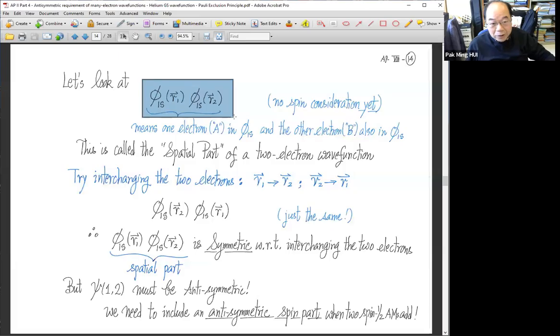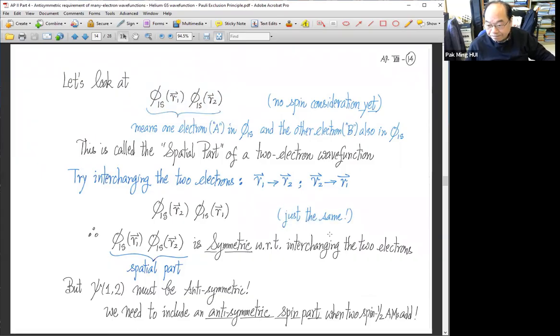Now, let's look at the symmetry property of this spatial wave function. This is related to the spatial part, x, y, z. We interchange the two. r1 becomes r2, r2 becomes r1. It becomes this, right? Look at this with that. They are just the same, right?